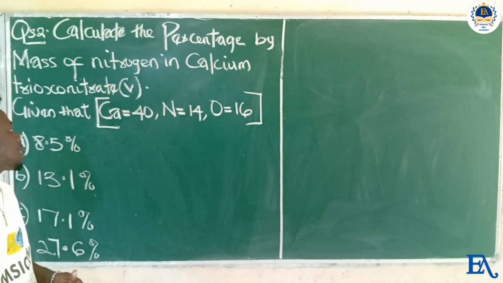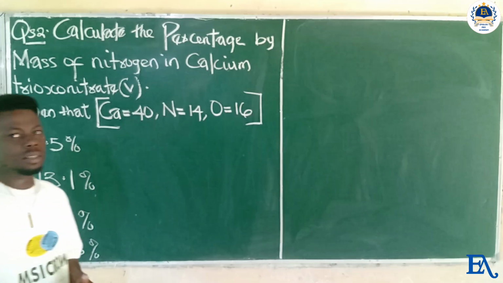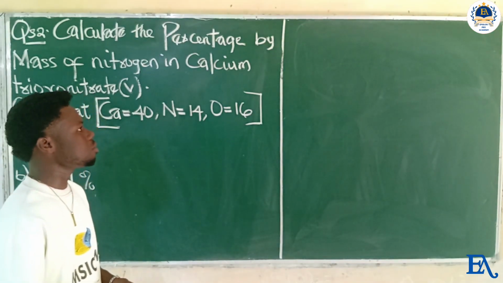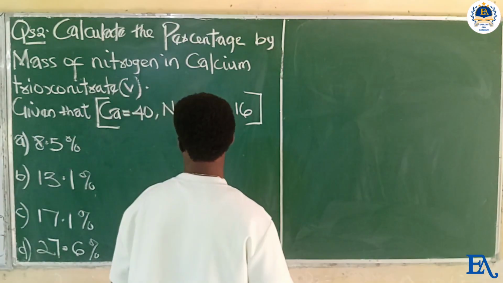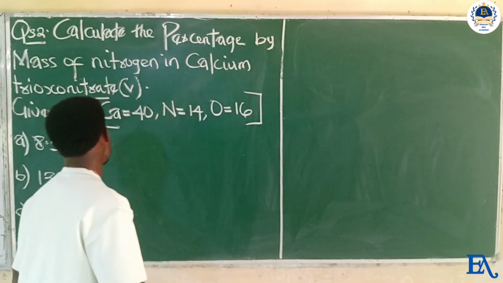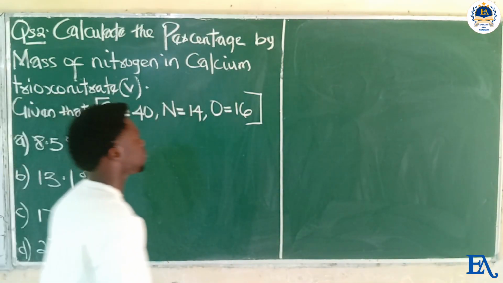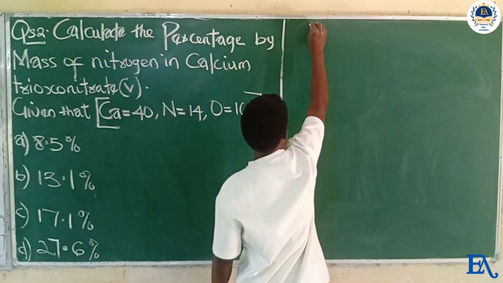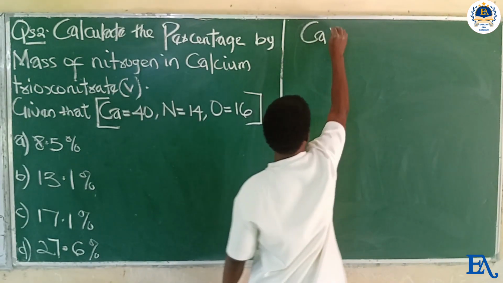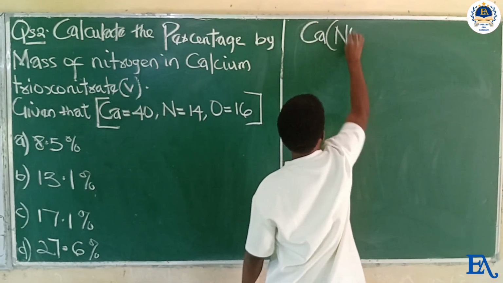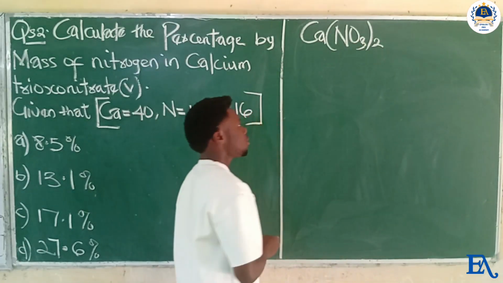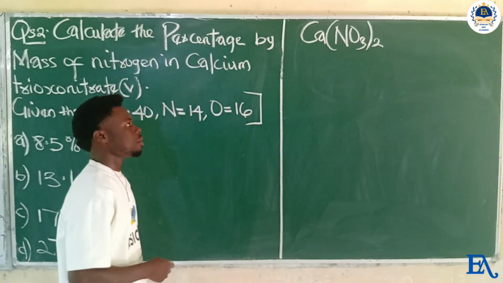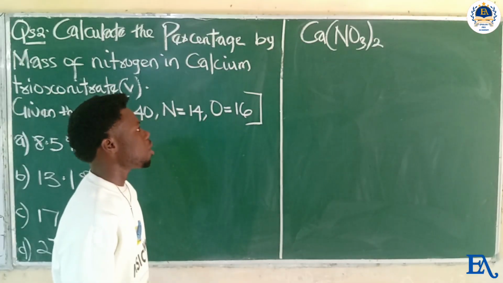When it comes to percentage by mass of an element in a given compound, the first thing we must do is to write down the correct chemical formula of that compound. And the compound is calcium trioxonitrate(V). So calcium trioxonitrate(V) is Ca(NO3)2.